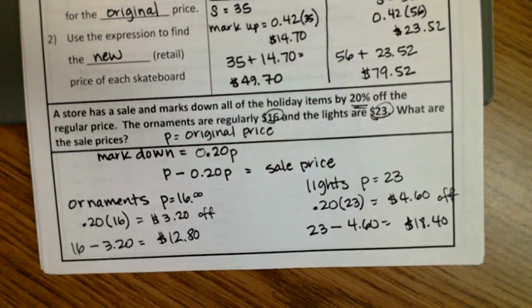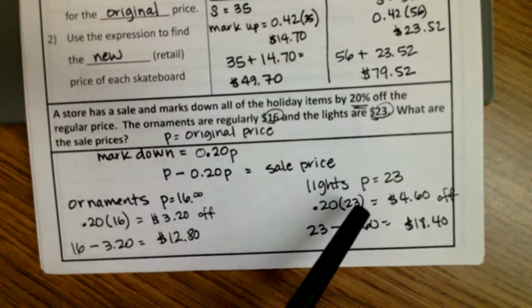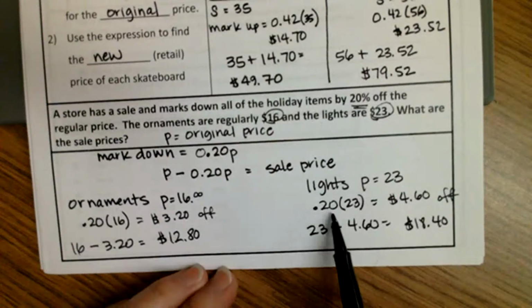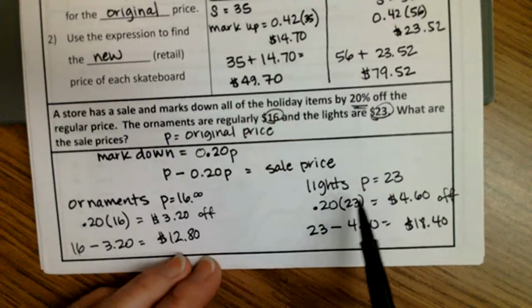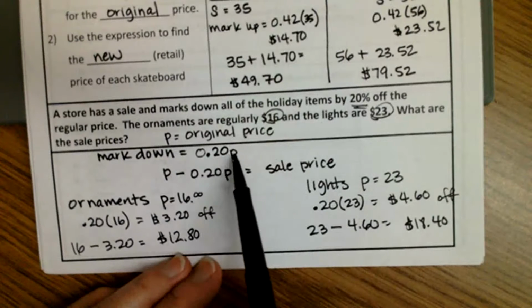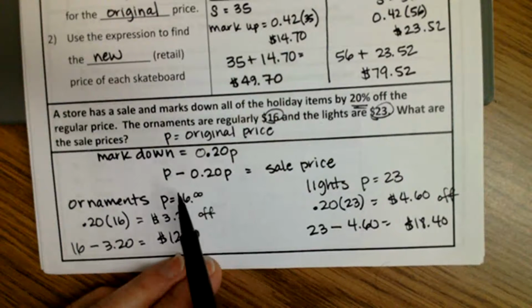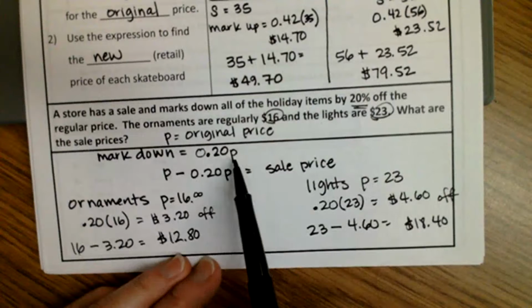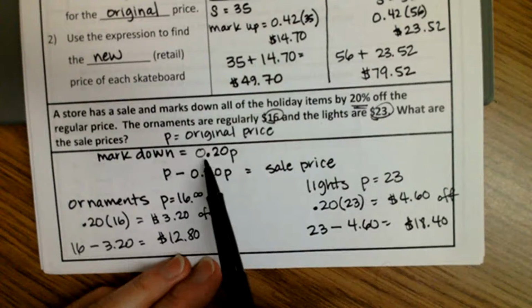So this is using expressions, and this is the expression, right? This is the expression right here. When you do the percentage multiplied times the price, and the price changes depending on what you're buying, price for ornaments or the price for lights, that is the expression for the markdown, that's taking 20% off.